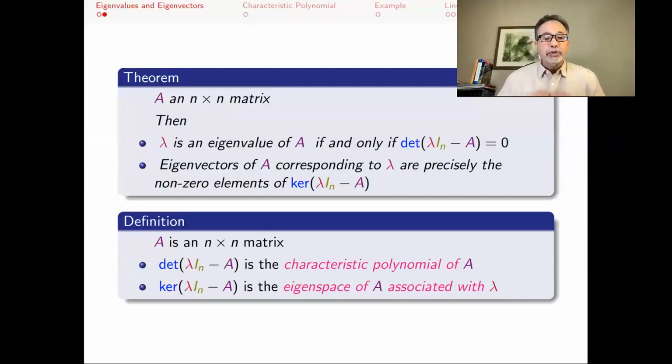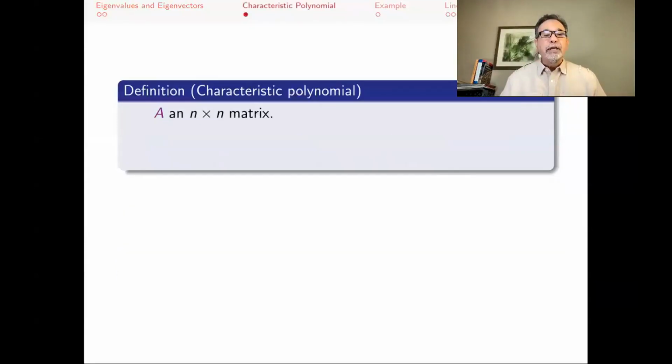And what we want to do is talk about the characteristic polynomial a little bit more. The characteristic polynomial is important because its roots, the values of lambda that make it equal to 0, are exactly the eigenvalues of the matrix. So let me just repeat myself.